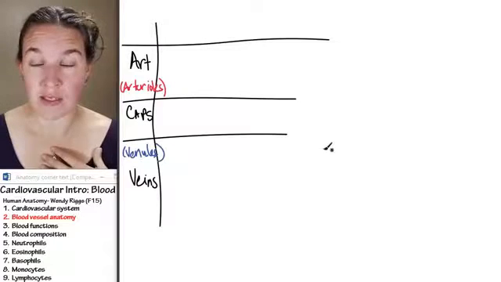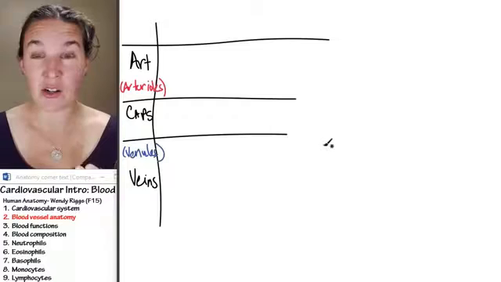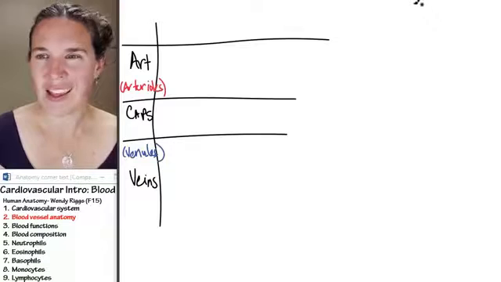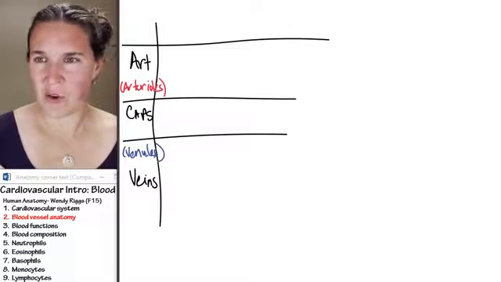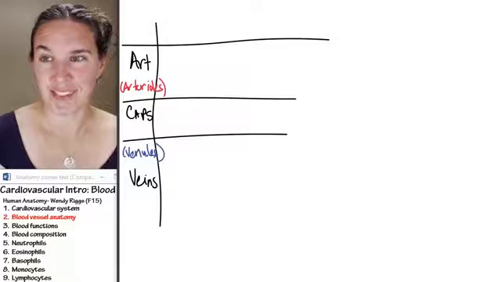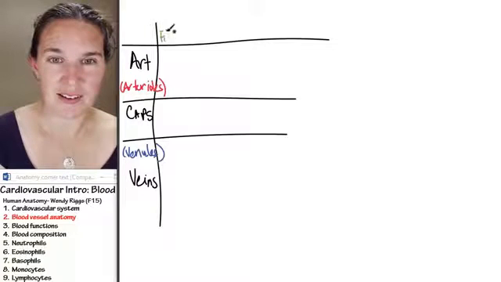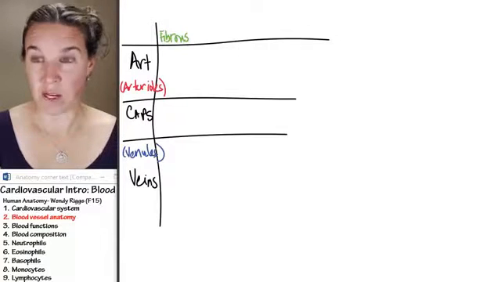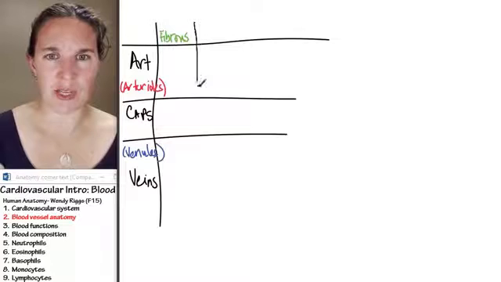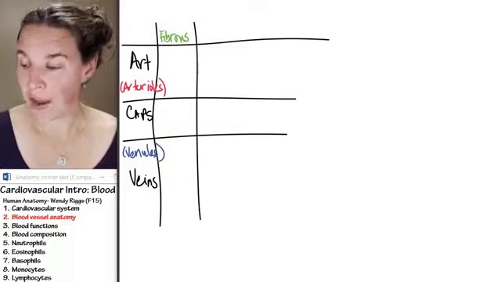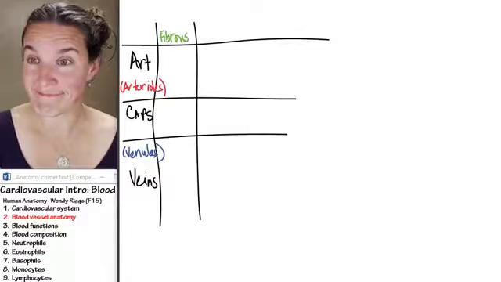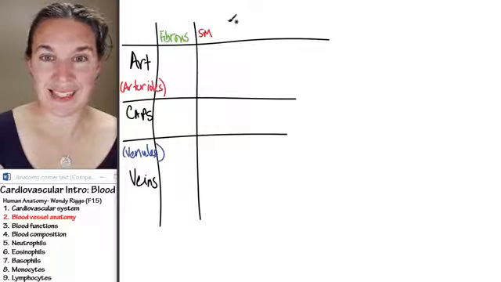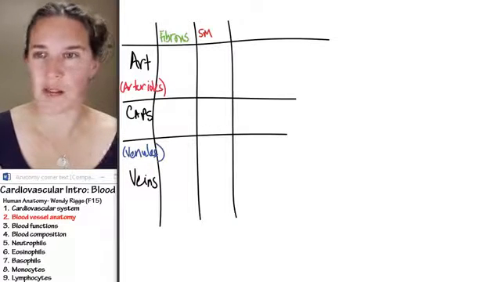All of our vessels have layers and certain components. We have a fibrous layer. Oh gosh, I want to color code it because I can't help it. We have a fibrous layer, and we're going to keep track of who has this fibrous layer you speak of. We also have smooth muscle, and I'm just going to write my smooth muscle like that because you know smooth muscle already.